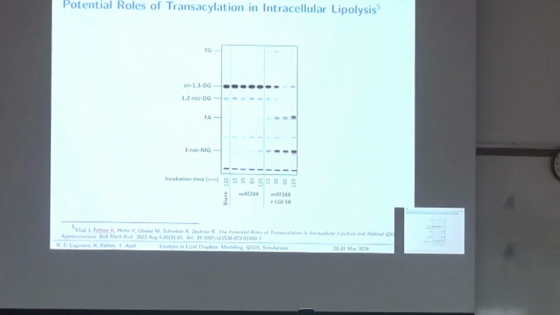So here we only have ATGL reacting to DGs, and as I said earlier, this ATGL is activated by this activator CGI58, and as soon as you put CGI58 in your experiment, you will see decreasing concentrations of DGs and increasing concentrations of TGs.